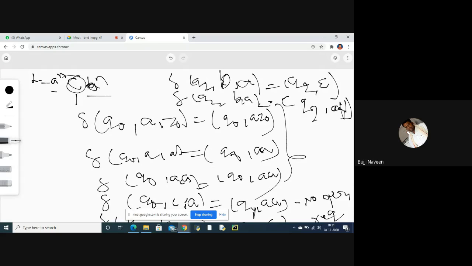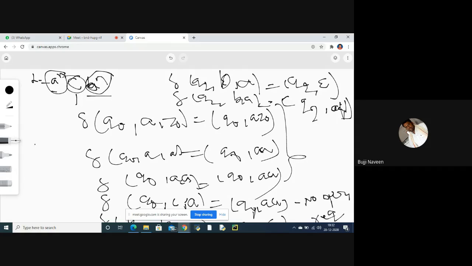It is the pushdown automata for the language L is equal to a power n c b power n. It is also a deterministic pushdown automata because we know the number of push operations is a power n and the number of pop operations is b power n.